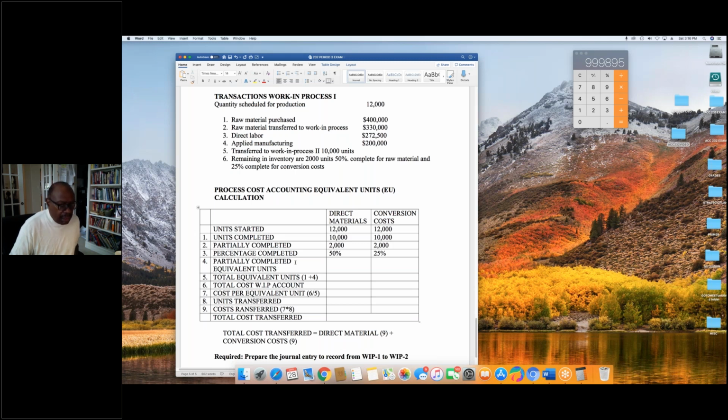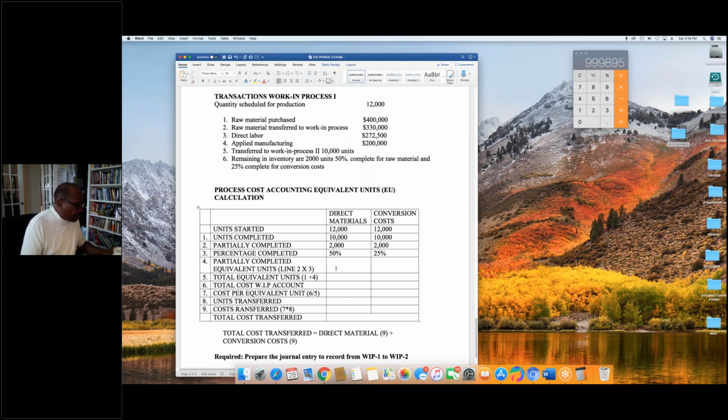So this is simply line 2 times line 3. So the partially completed equivalent units, line 2 times line 3.